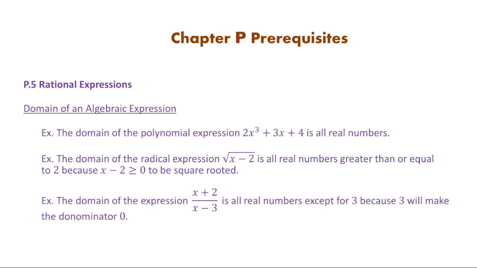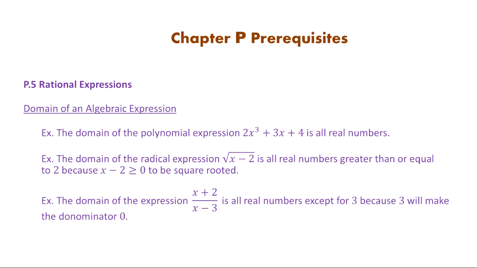So for this polynomial, the domain is all real numbers, because every time you plug in a number for x in this expression, it always gives you a finite number. So it always makes sense to plug in any real number. That's why the domain is all real numbers.